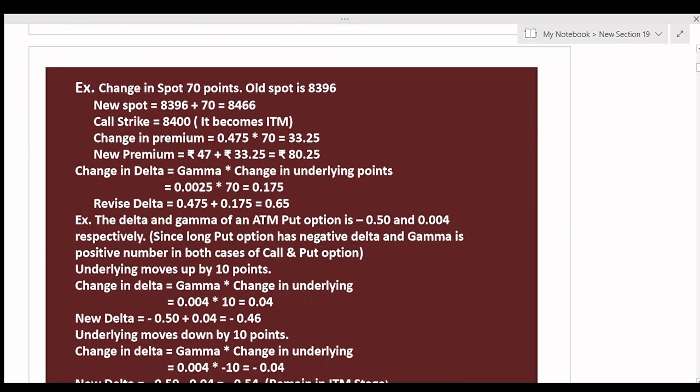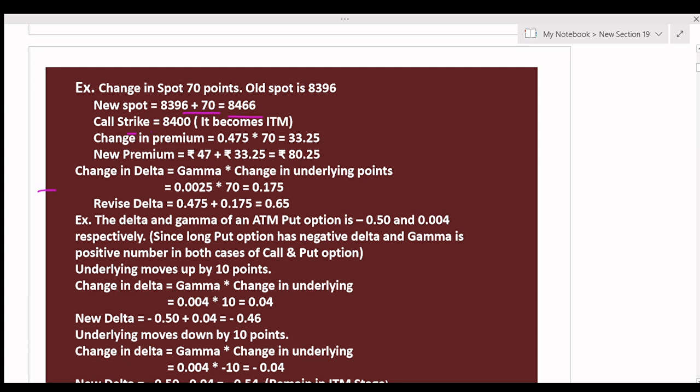Now, change in spot is 70 points from the old spot, which I have just calculated as 8,396. From this, the new spot will be 8,396 plus 70, equal to 8,466.